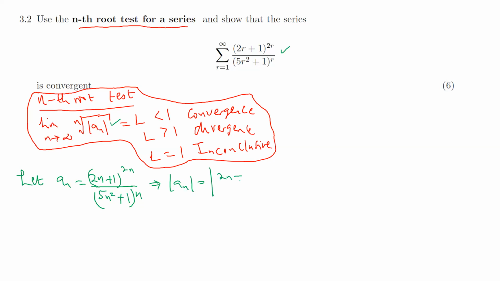So you have (2n plus 1) to the power n. We can start here.